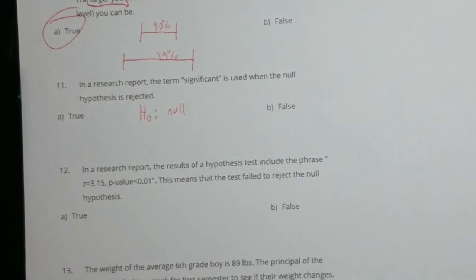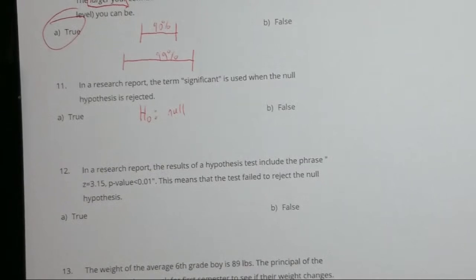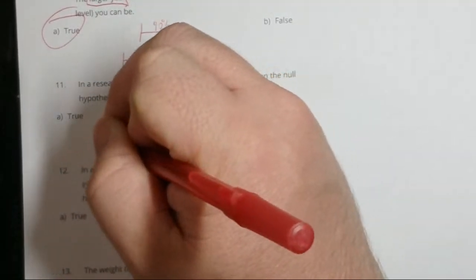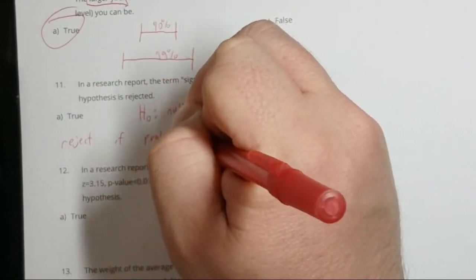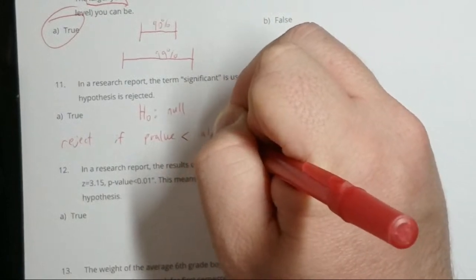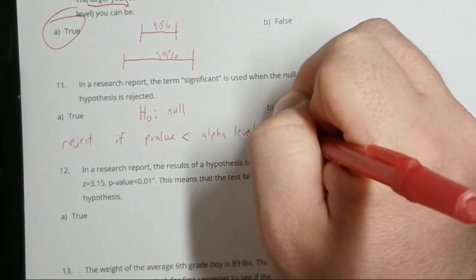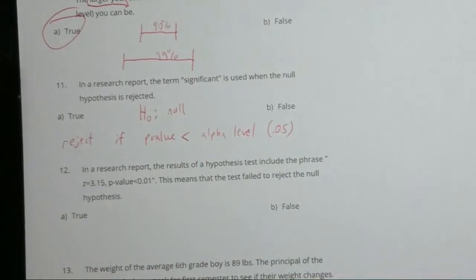The general idea is that we would reject that null hypothesis if the p-value is less than your alpha level, which in most cases is 0.05 unless they say otherwise. You would say, and here's the phrase, that you have statistically significant evidence against the null hypothesis.